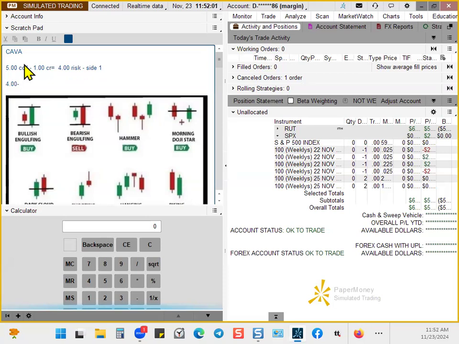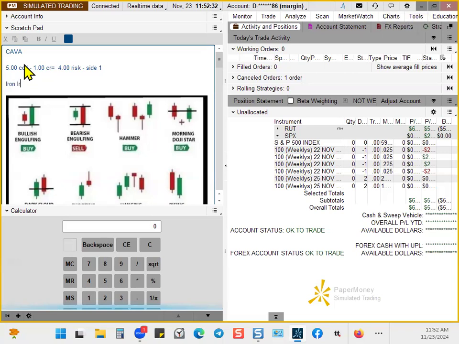And then we're trying to get a credit on the other side. When I say the other side, here's what we're talking about. The other side can be an iron condor, which means you're using the same collateral, right?